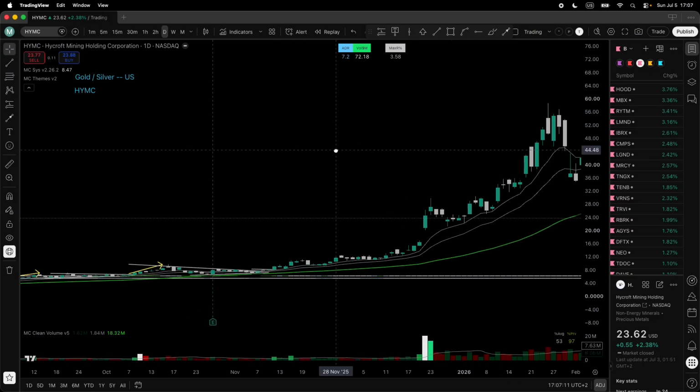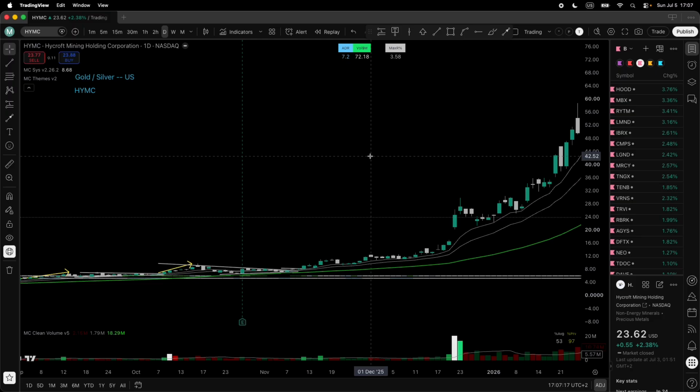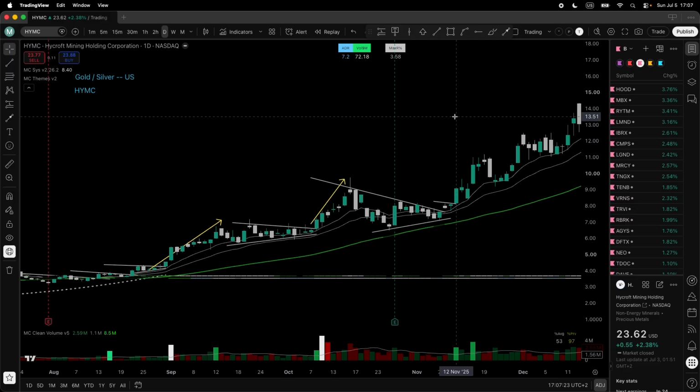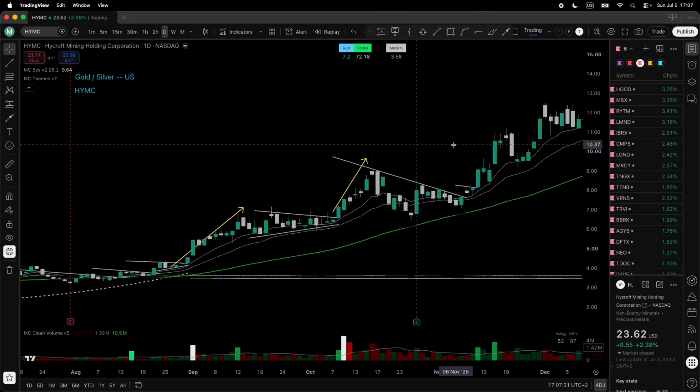As I always say, you don't need that many trades like this per year to have a very high performance in your account. Really, it's just catching a few outliers every year to get a very nice return.